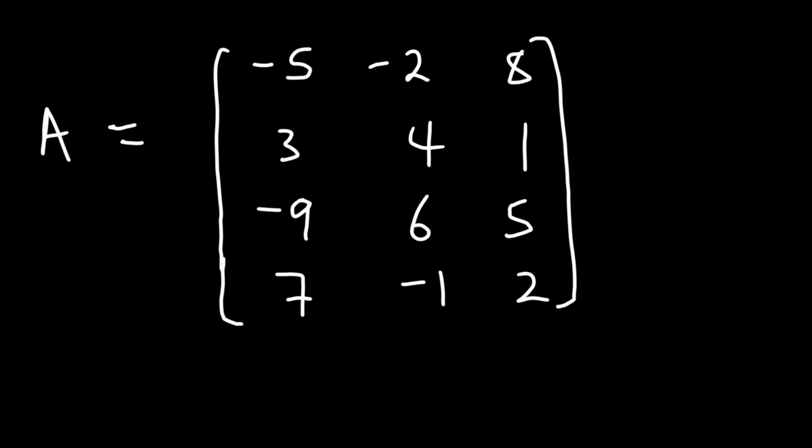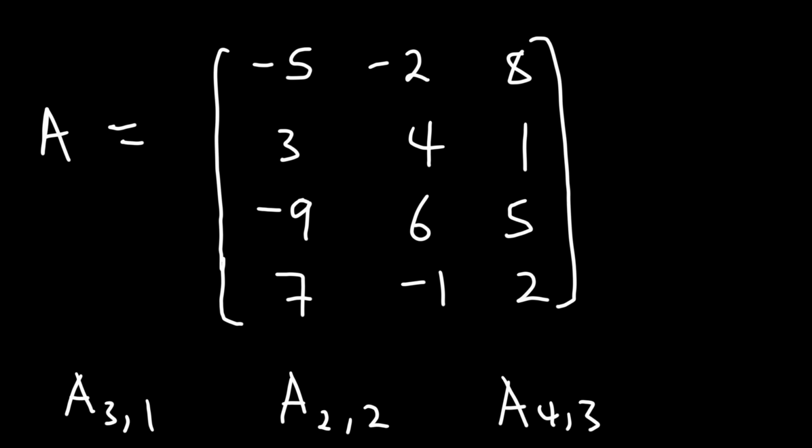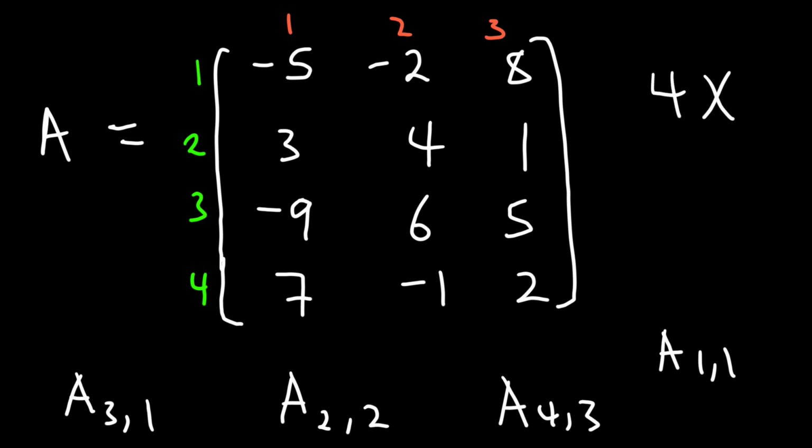Identify elements A31, element A22, element A43, and then element A11. Once again, we shall start by counting the number of rows and the number of columns. For the rows, we have 1, 2, 3, 4. And for the columns, we have 1, 2, and 3. Therefore, matrix A is a 4 by 3 matrix.